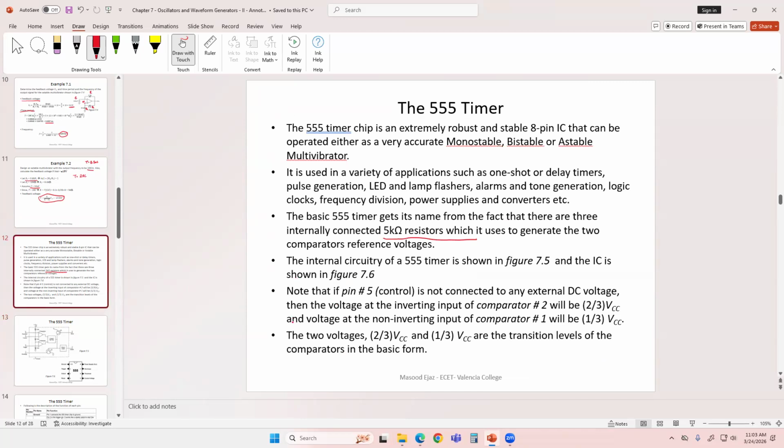If pin number 5 is not connected, the voltage at the inverting input of comparator 2 will be 2/3 of VCC, and at the non-inverting input will be 1/3 of VCC. And these two voltages are going to produce basically the threshold for the transition levels.